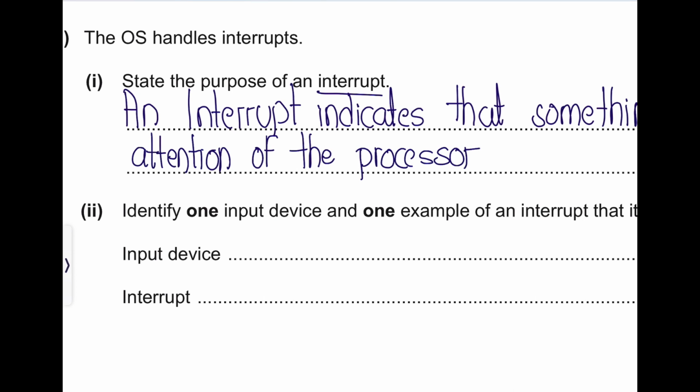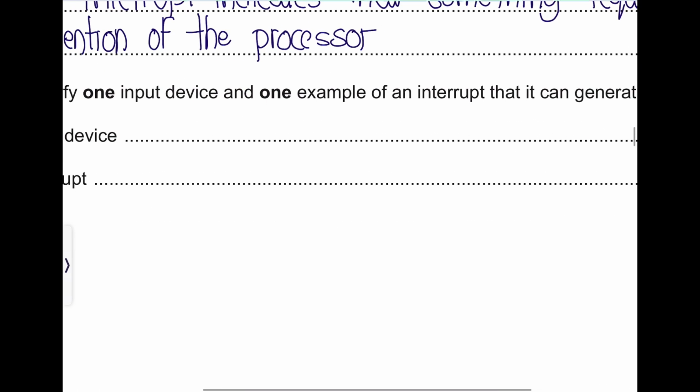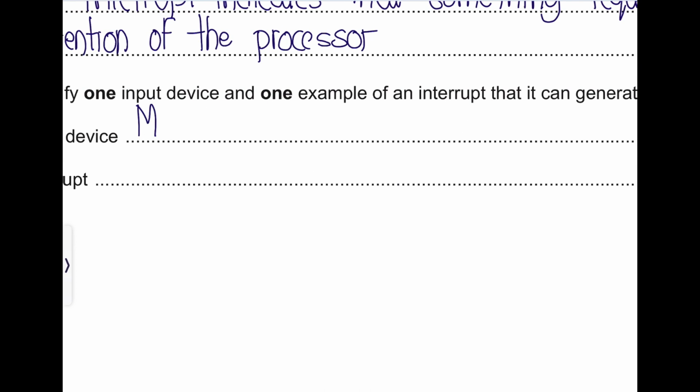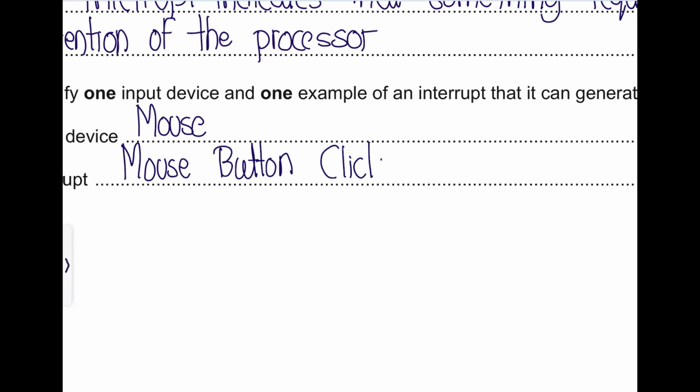Give a name of an input device that can generate an interrupt. I would best write a mouse. I think you can write the keyboard as well, as well as a mouse button click. When you click the mouse button, it generates an interrupt.